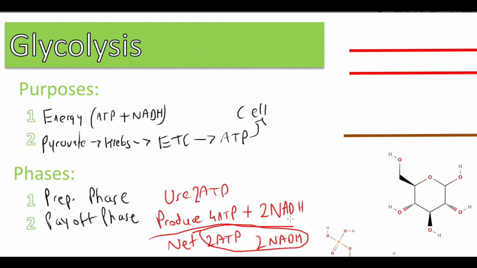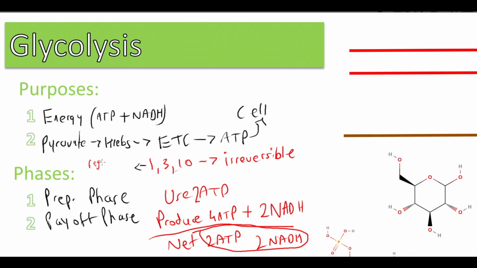And one more thing to note here is that glycolysis has 10 reactions. And reactions 1, 3, and 10 are irreversible, meaning you cannot go back, and therefore they are major regulation points.